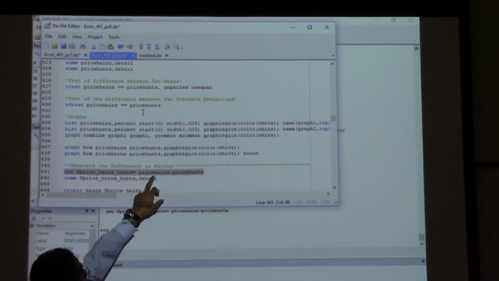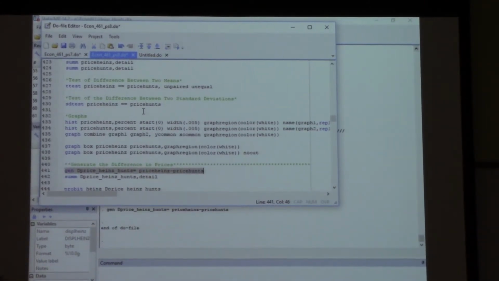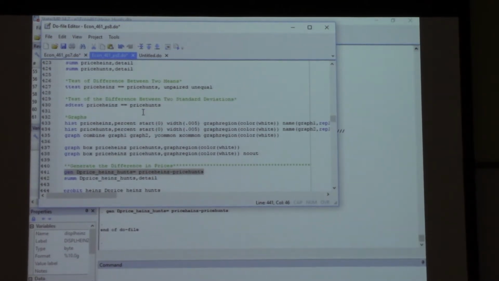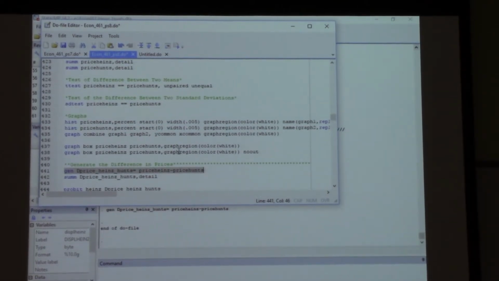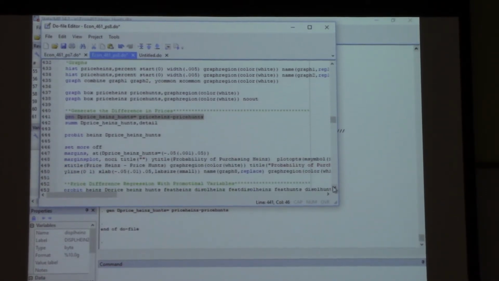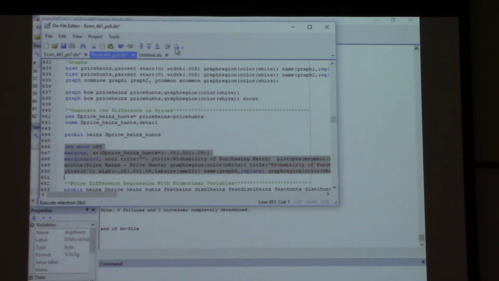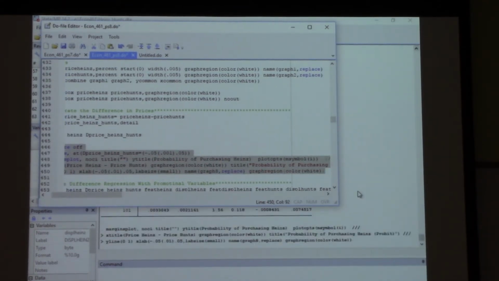It's simply the price of Heinz minus the price of Hunt's. And I'm going to use that in my regression. And again, this is a simple regression. And I think this is a lot easier to understand than a three-dimensional graph.